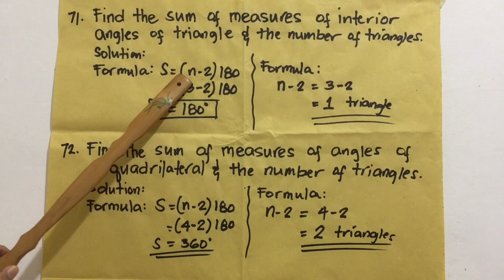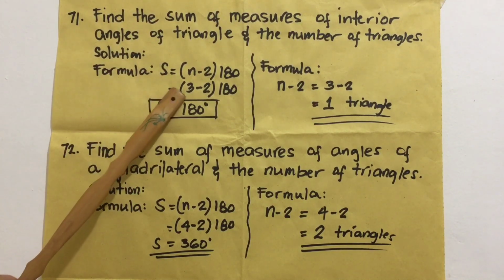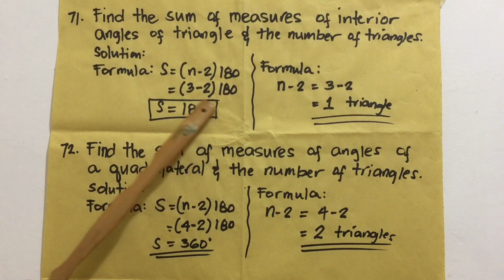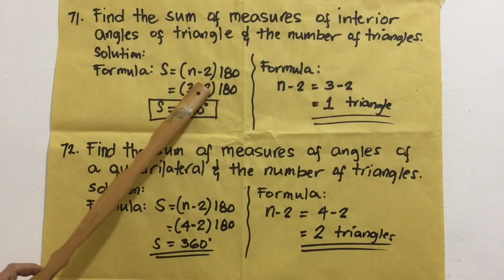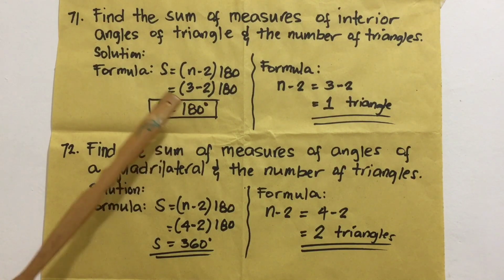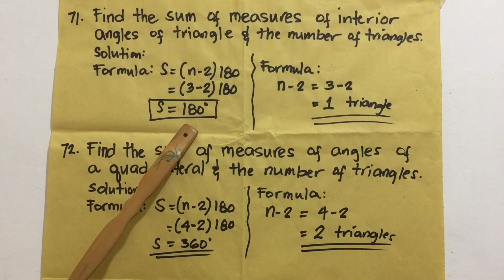N is for the number of sides of a polygon. Now, in triangles, the number of sides is 3, so 3 minus 2 times 180. So 3 minus 2 equals 1, times 180. So the sum of the interior angles of a triangle is 180 degrees.